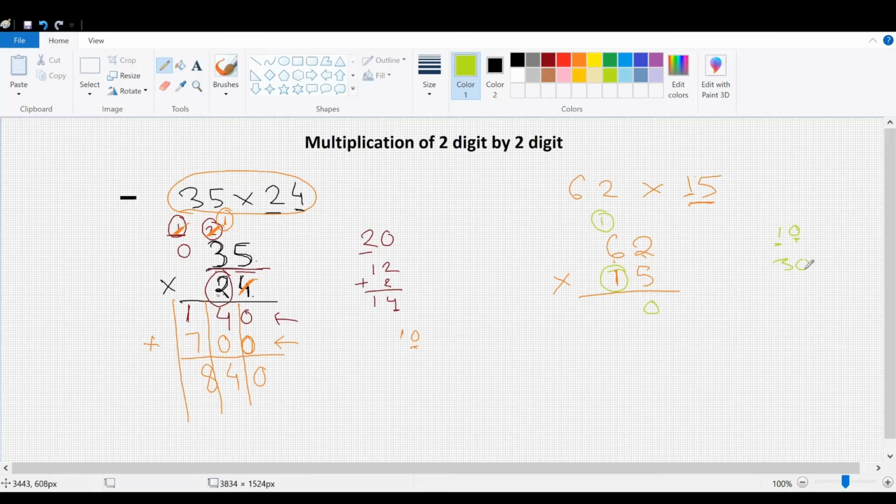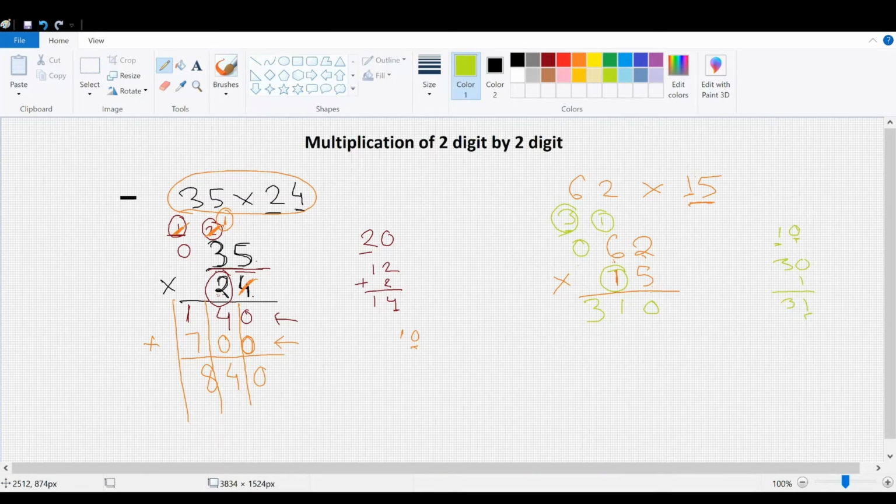Don't forget to add the carry, which is 31. So 1 goes in the tens house and we will carry our 3 to the hundreds house. We have nothing in the hundreds house. So 5 times 0 is 0 plus 3 is 3.